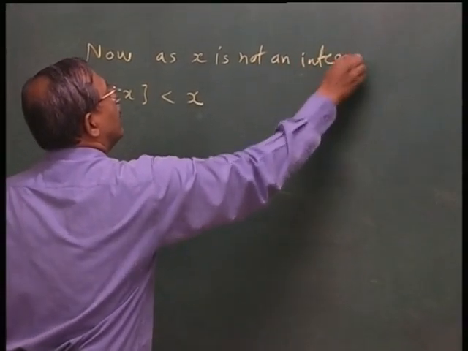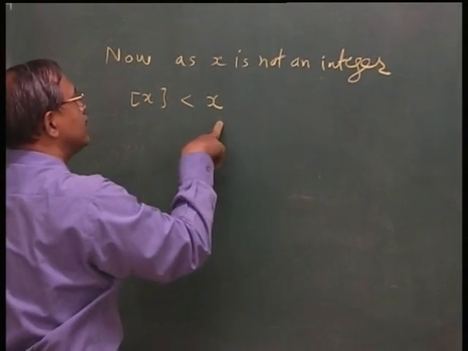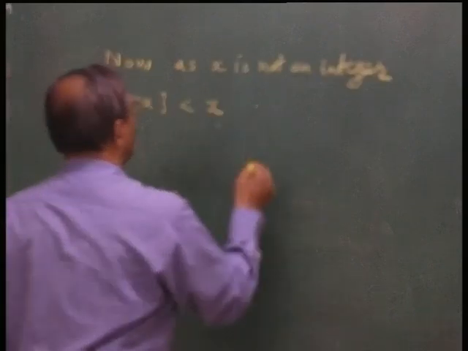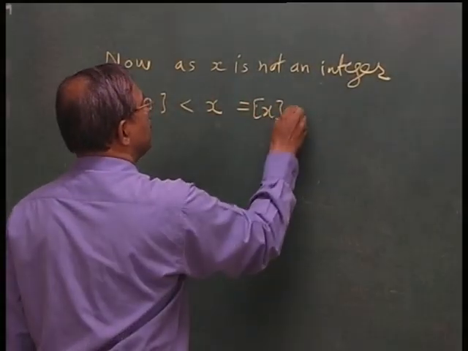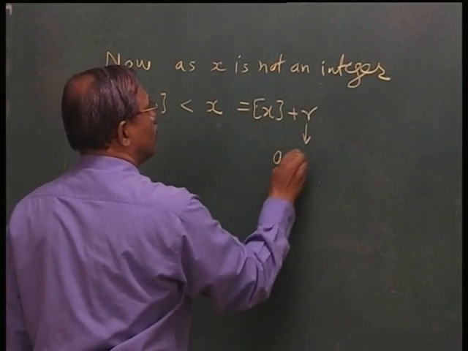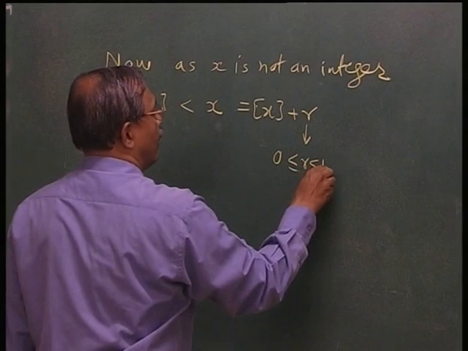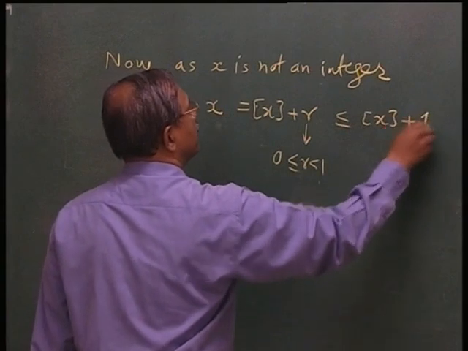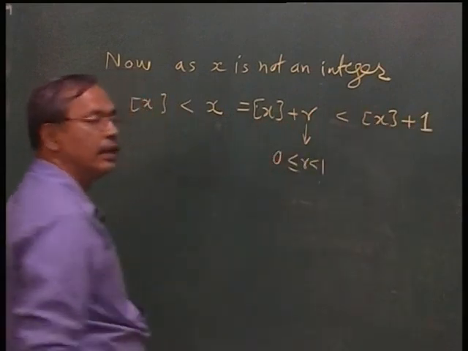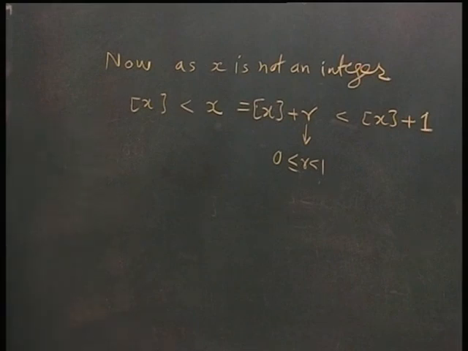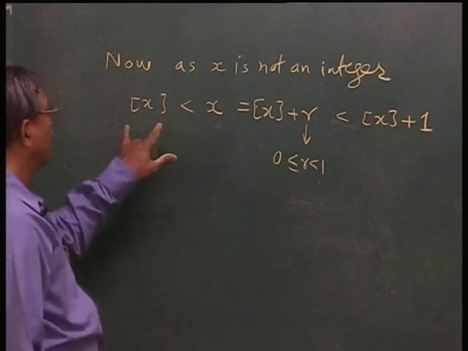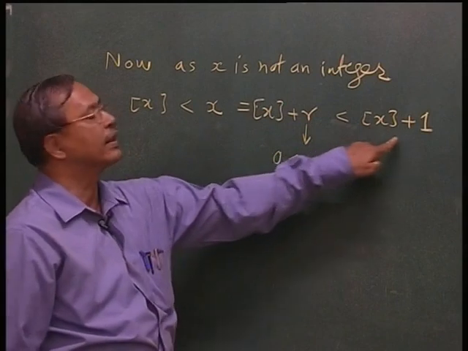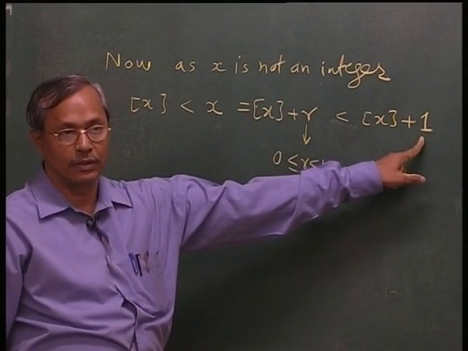And x is equal to integral part of x plus r, where 0 is less than or equal to r less than 1, and therefore this is less than integral part of x plus 1, because r is less than 1. So integral part of x is less than x, and x is less than integral part of x plus 1.